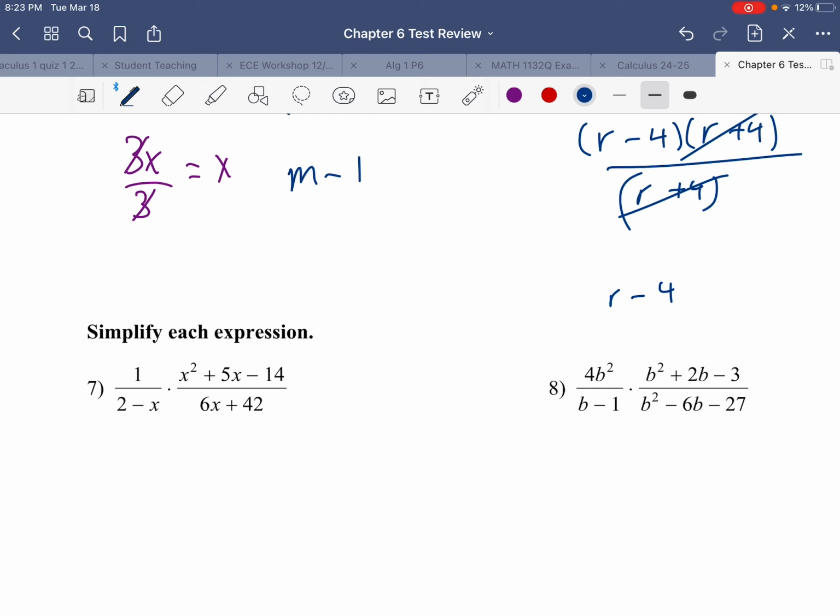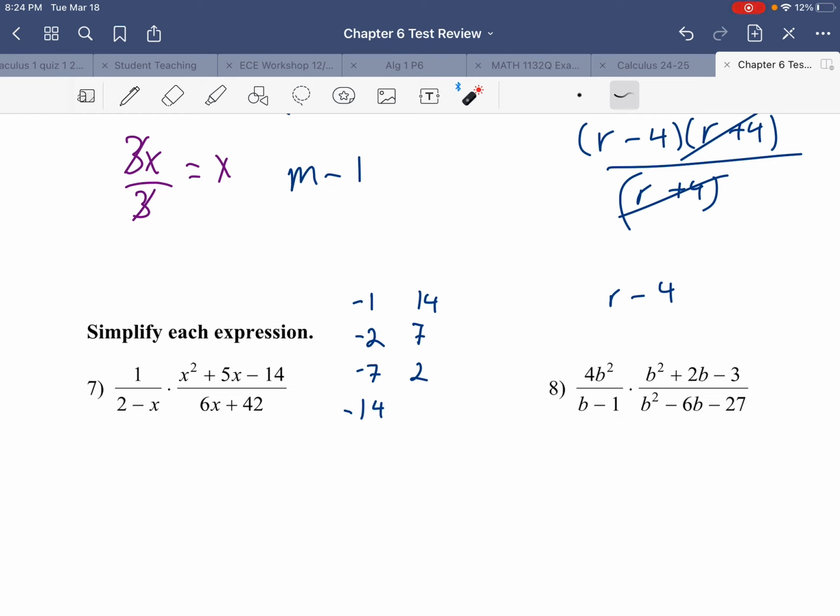All right, and number 7, I am multiplying the two rational expressions. In the numerator, I'm looking for two numbers that multiply to a negative 14 and combine to a positive 5. When I think about numbers that multiply to 14, I've got 1 and 14, and 2 and 7. Because this is a negative, I'm going to write 7 and then 2 and 14. Looking at the scenario where it's a negative 2 and 7 is a different outcome than if it was negative 7 and 2.